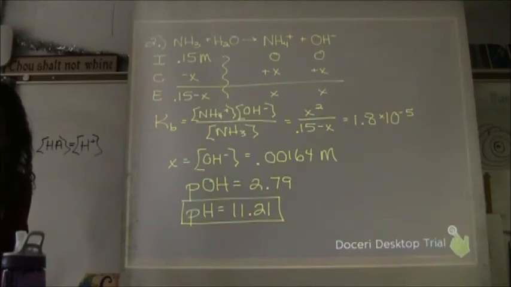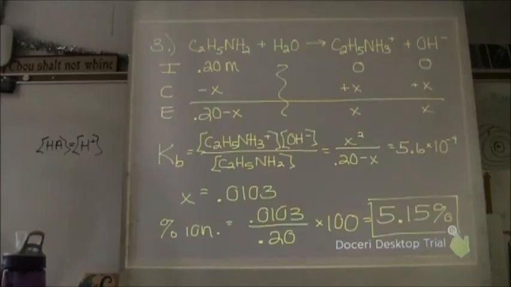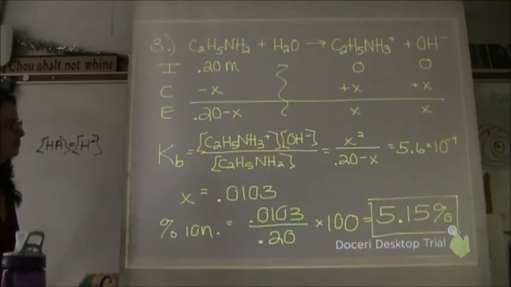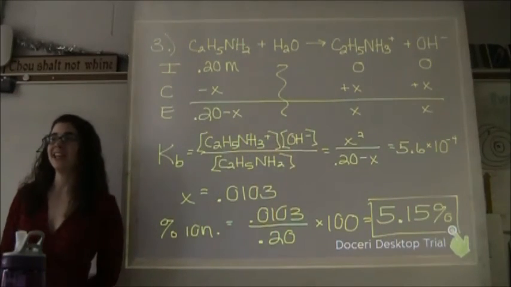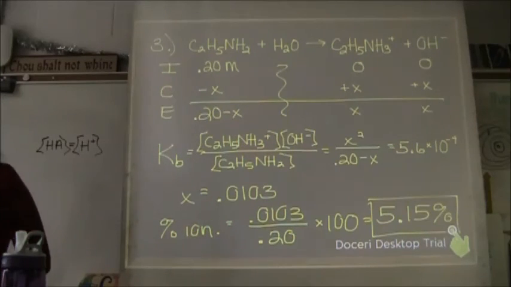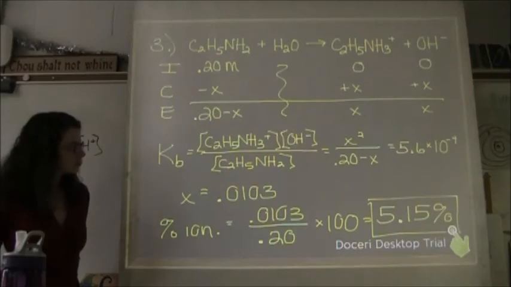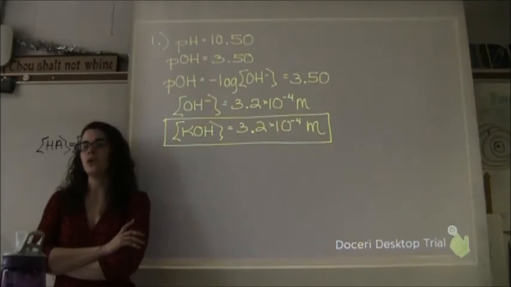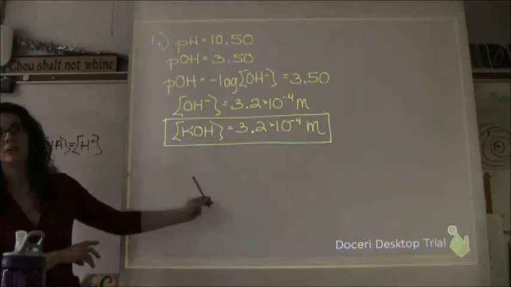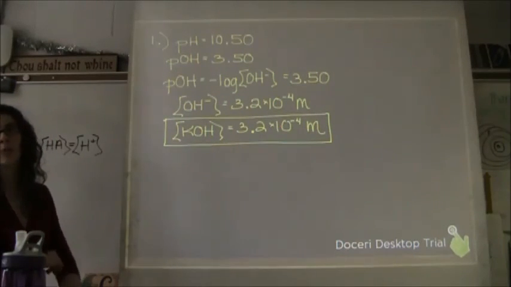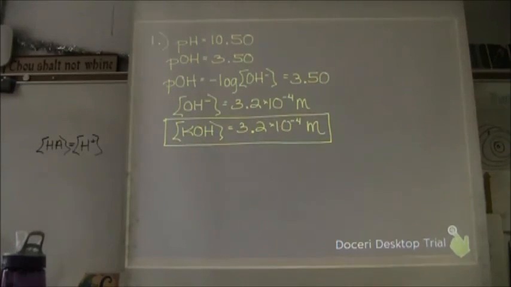All right, here's number 3. You can calculate percent ionization the same way you do percent dissociation. I want to show you a situation that could come up in number 1. All right?